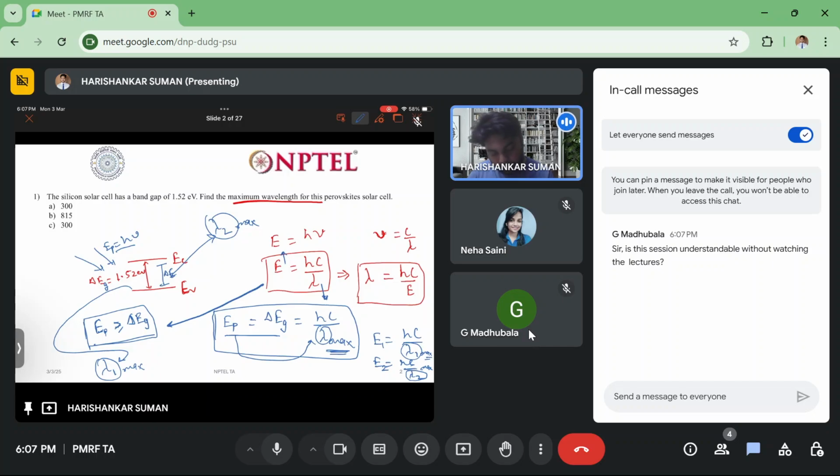If lambda is maximum, then the energy goes down. You know, this is interesting.